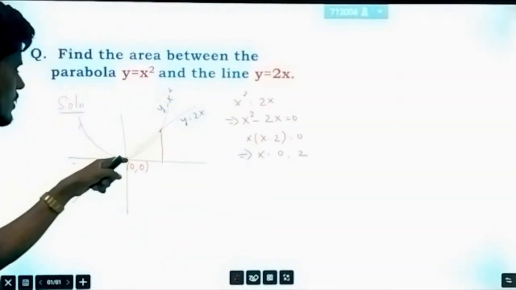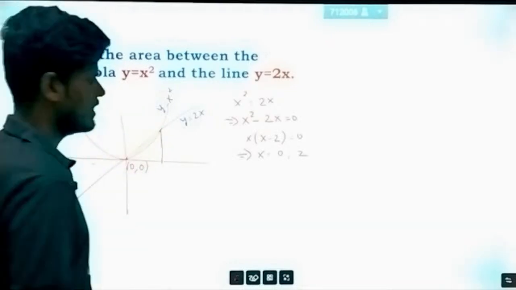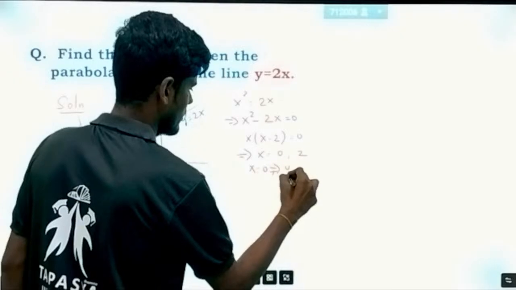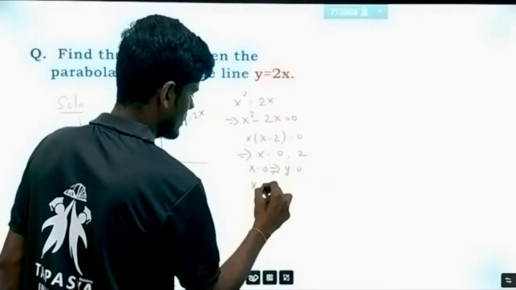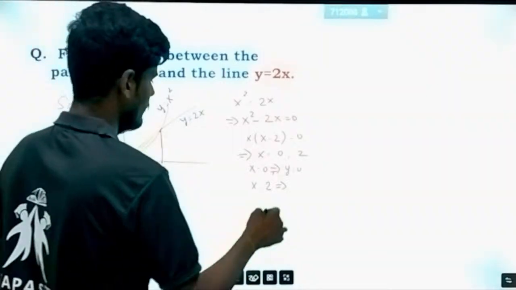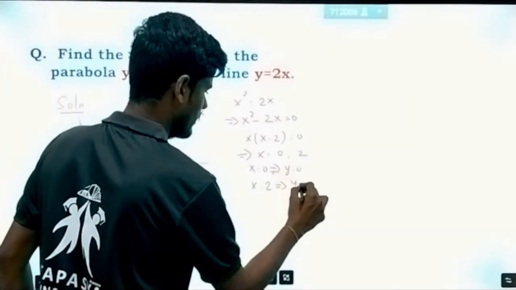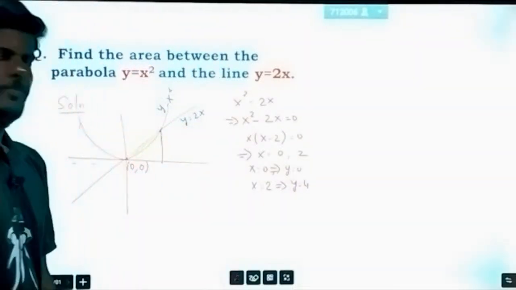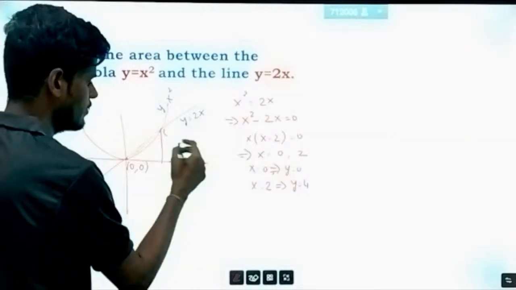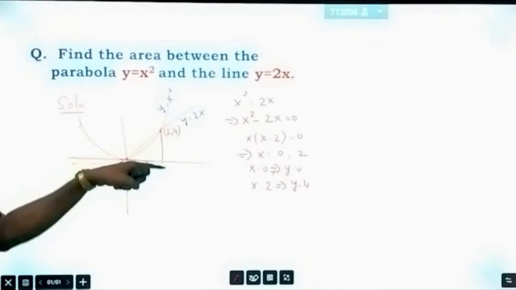When x is equal to 0, y is 0, that is the first point of intersection. What will be the second point of intersection? When x is equal to 2, y is equal to 2 into 2, 4. That means this point will be 2, 4. Okay, now we have got all the points.